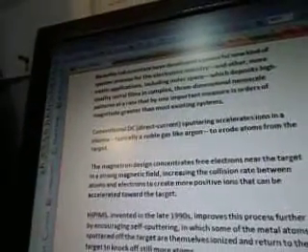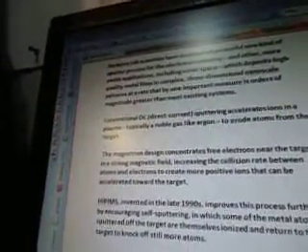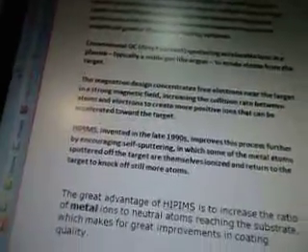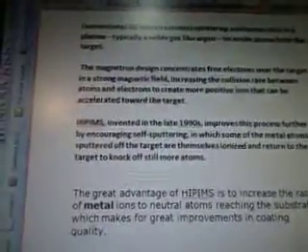So, to erode atoms from the target, the magnetron design concentrates free electrons near the target in a strong magnetic field, increasing the collision rate between atoms and electrons to create more positive ions that can be accelerated toward the target. So the key here was that they wanted to accelerate it, and that's what we want to do with the neutrino particles.